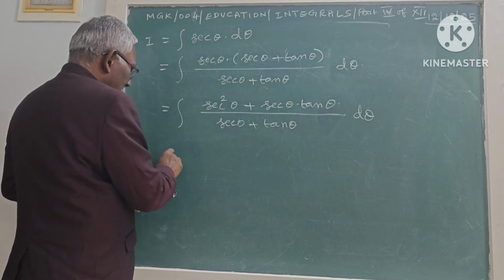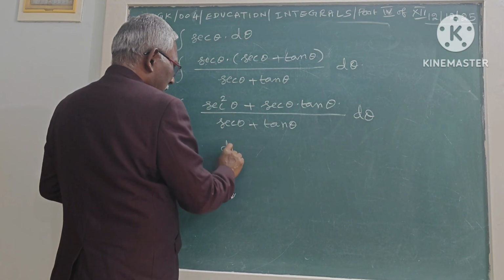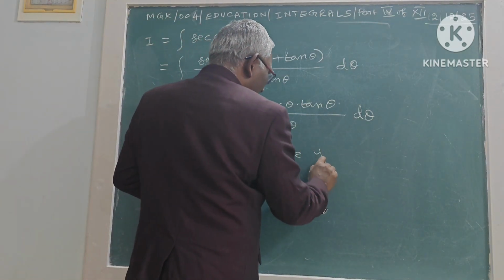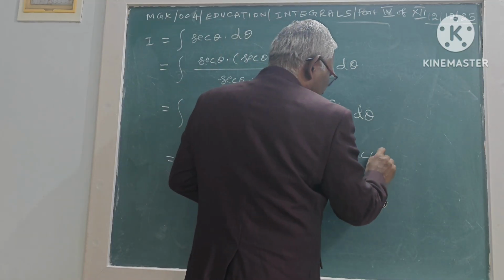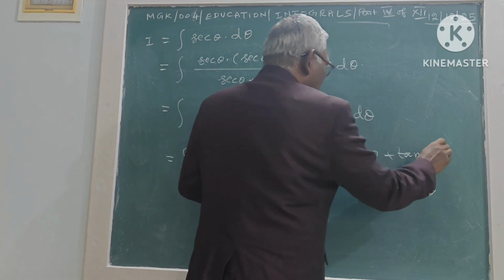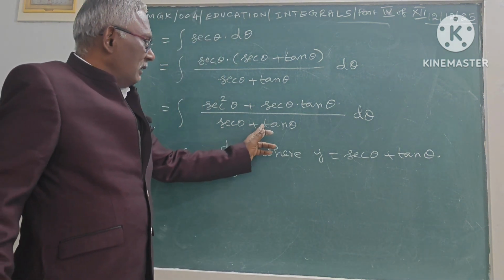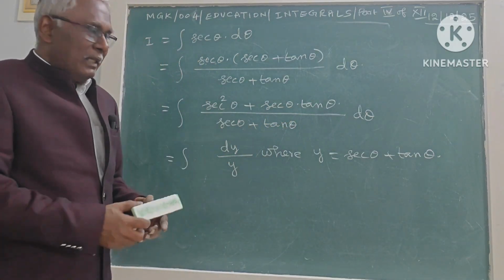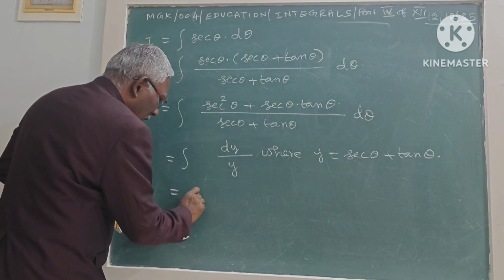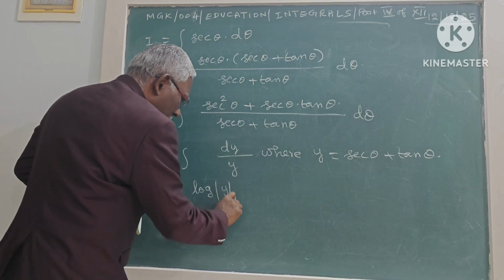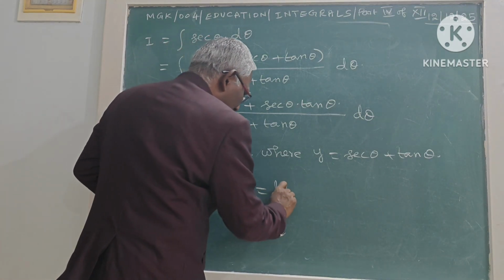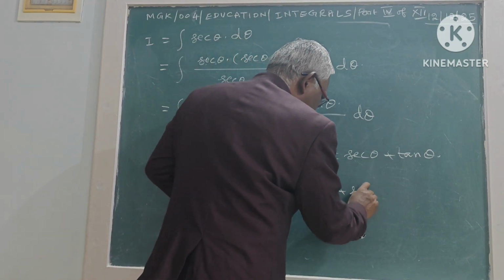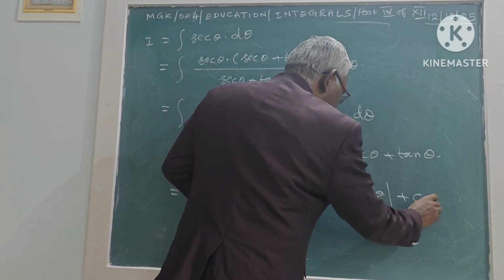Or we write this as integral dy by y, where y is secant theta plus tan theta. If we differentiate this y, we get the numerator, this becomes dy. So this is nothing but log y plus constant, which is log of tan theta plus secant theta plus constant.